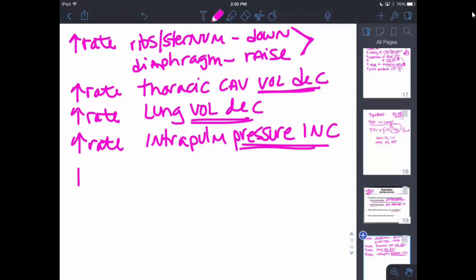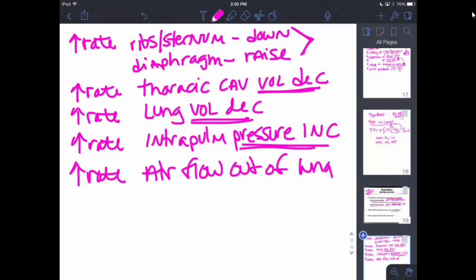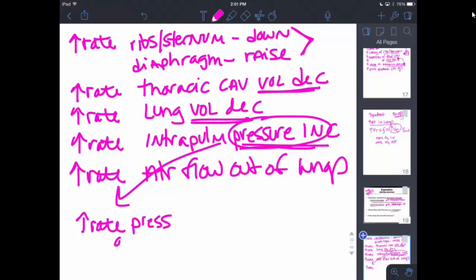This is going to cause a faster rate of air flowing out of the lungs. Okay? Because this intrapulmonary pressure increase causes the gradient. Okay? So this causes an increased rate of generating the pressure gradient. And if we generate the pressure gradient faster, air is going to flow out faster.